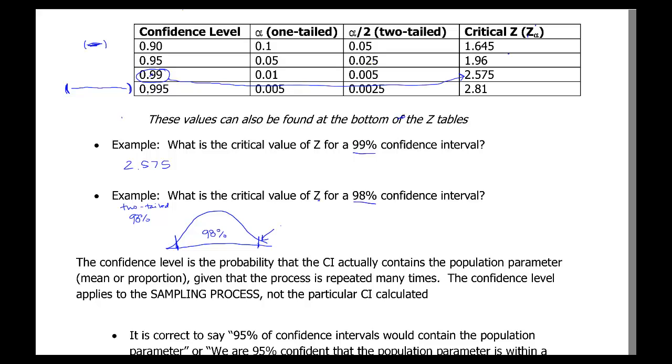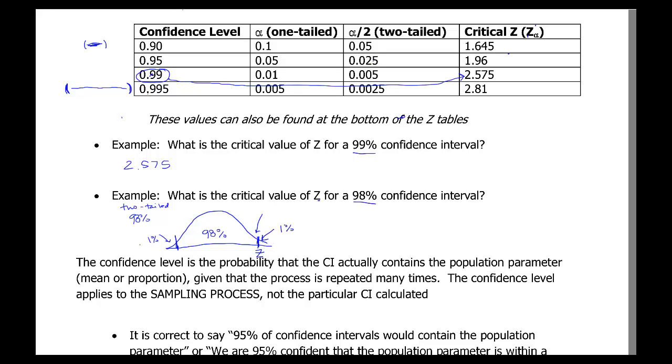That leaves 1% for this side and 1% for this side, because again it's symmetrical. So 1% on each end, and let's do the positive z-score, because all the critical values of z are going to be positive. So we are interested in this number, z.